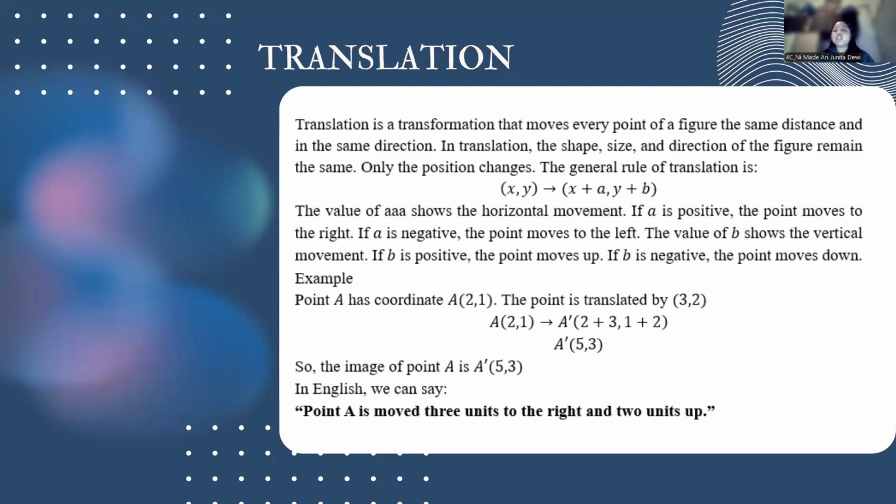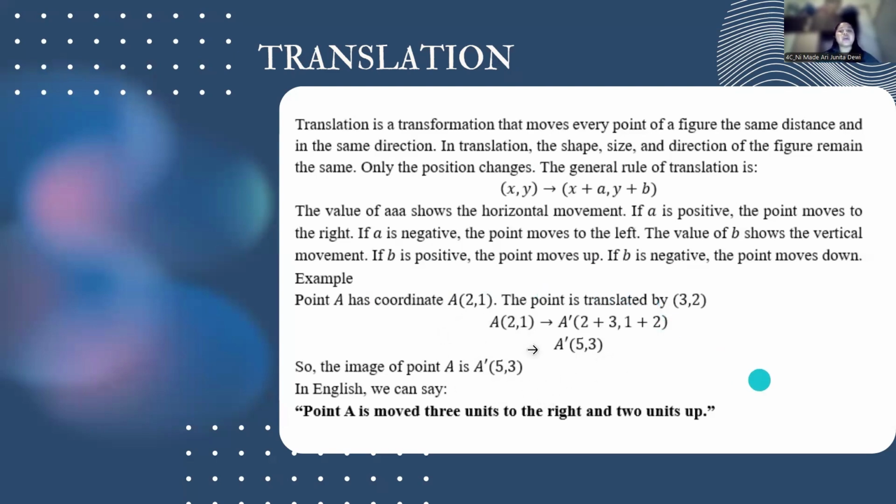Now, let us look at the example. Point A has the coordinates (2, 1), and the point is translated by (3, 2). It means that point A moves 3 units to the right and 2 units up. So, we calculate, look at the screen, and the result is A prime (5, 3).